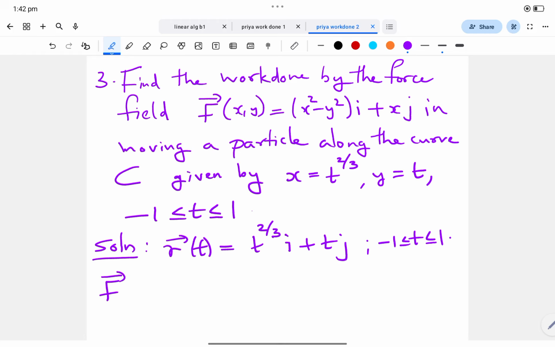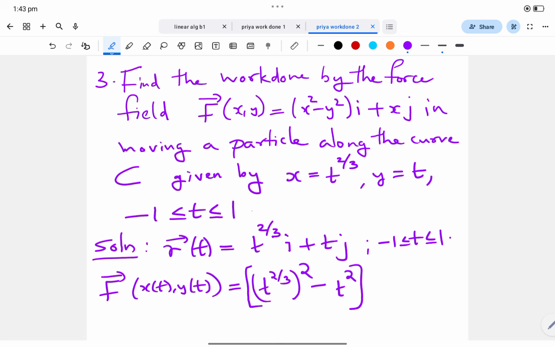What is the expression for F(x(t), y(t)), F written in terms of t? This is equal to x² − y², that is x(t) whole squared minus y(t) whole squared, i, plus x into j. x(t) whole squared is t^(2/3) whole squared, and y squared is t².